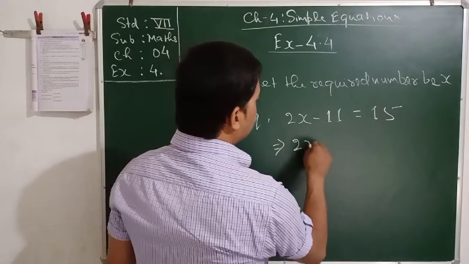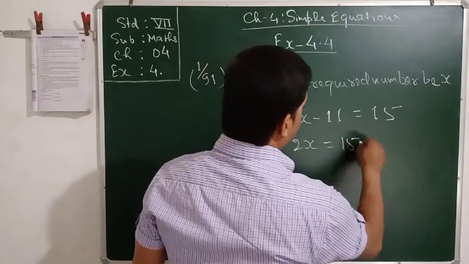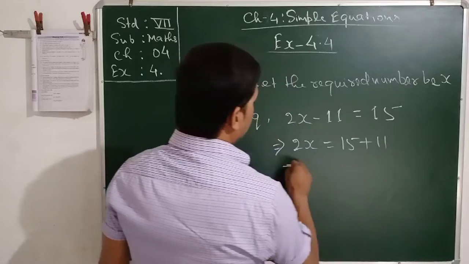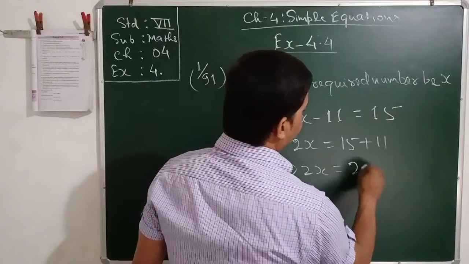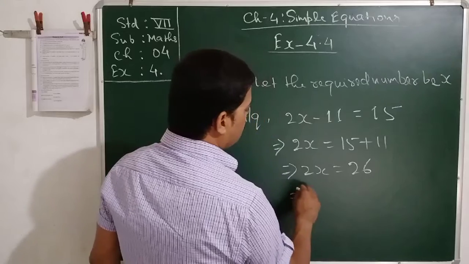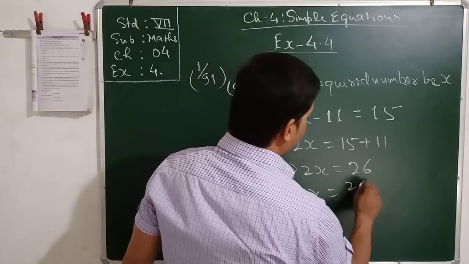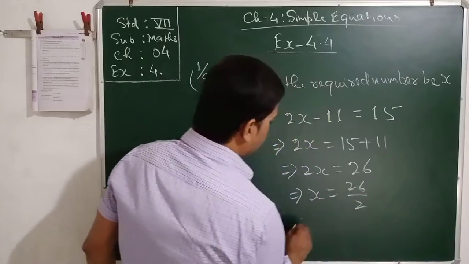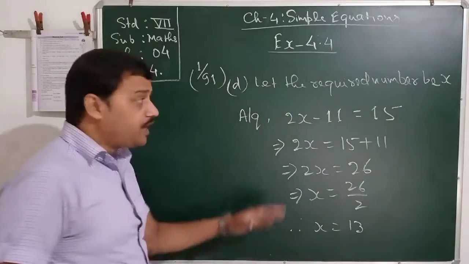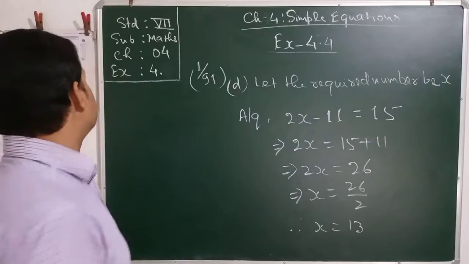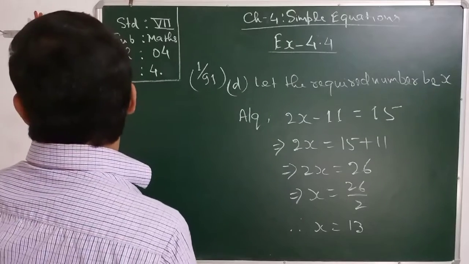See, 2x equals 15 plus 11. 2x equals 26. x equals 26 by 2. Therefore x equals 13. In this way, you can solve all the remaining sums in the one number.